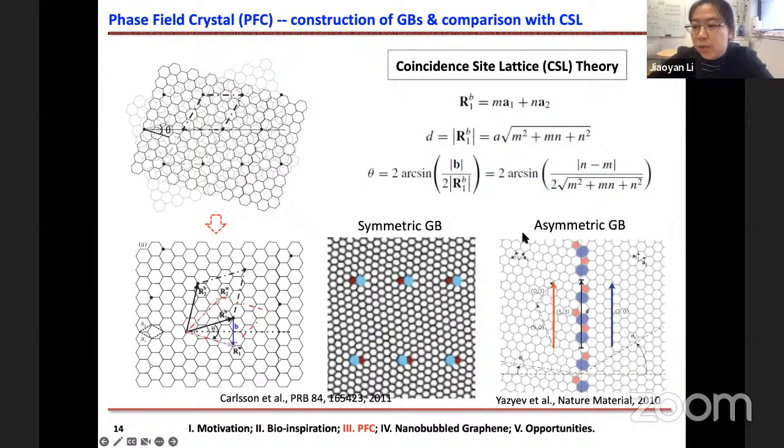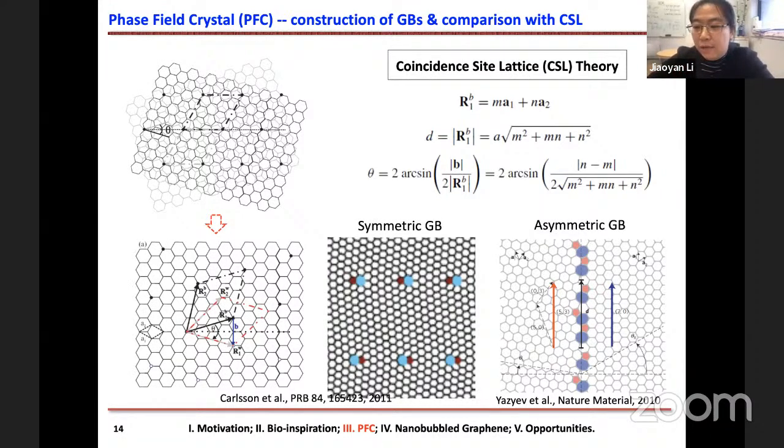The theory here we want to adopt is called the coincidence site lattice theory, or CSL. It's a similar idea to the standard chirality indices of the carbon nanotube construction. Here we choose a pair of integers according to the matching vector of the adjacent grains.